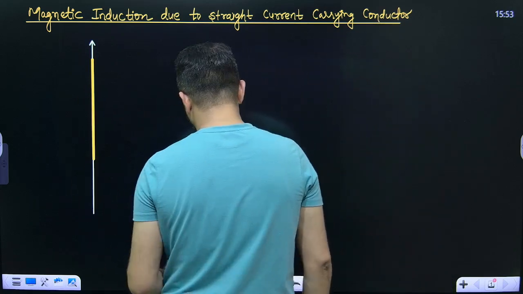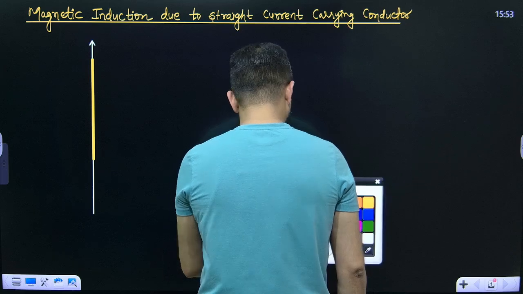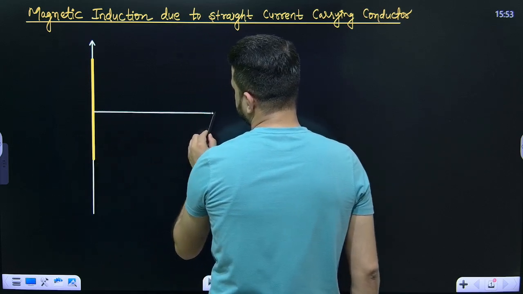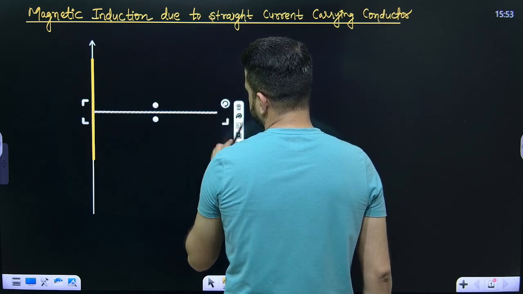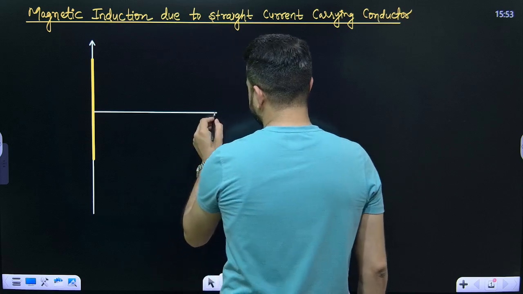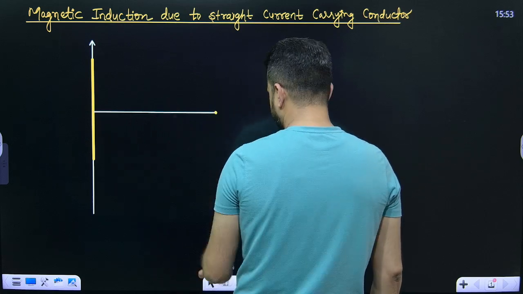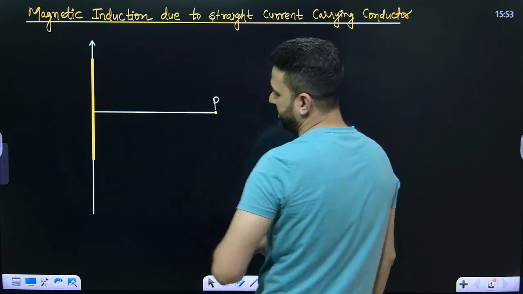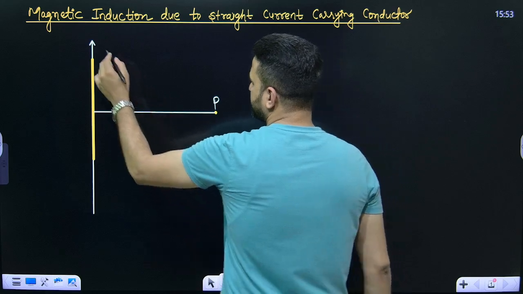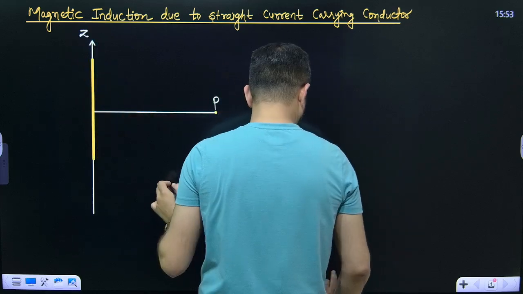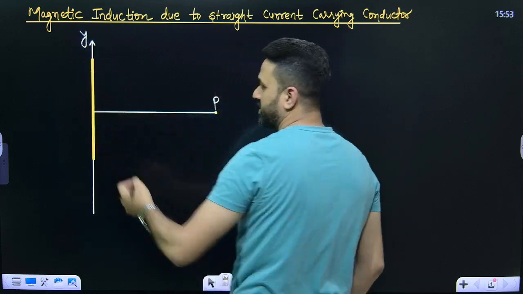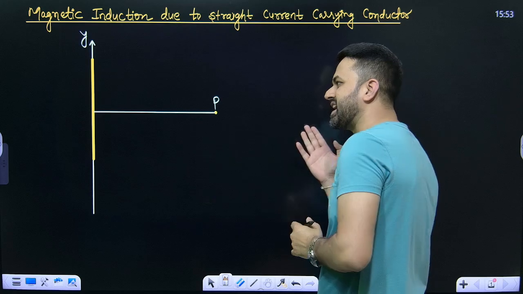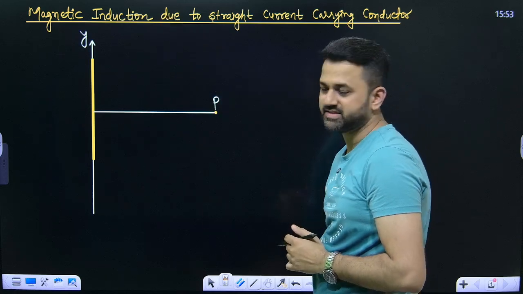It is placed along the z axis, and suppose this is the distance from the conductor where we want to calculate the magnetic field. Let us say this is placed along the y axis. I'm not going into three dimensions, so this is the x axis and this is the y axis.